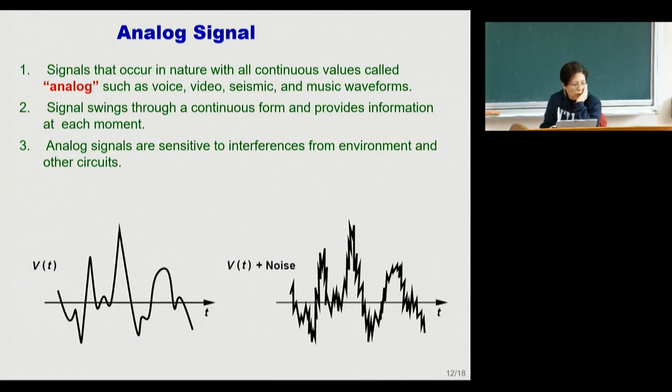So the last two things I want to talk about are the two types of signal you typically face in an electronic system. One is referred to as the analog signal. The main idea of an analog signal is that it's continuous, it has continuous values in a continuous time frame.